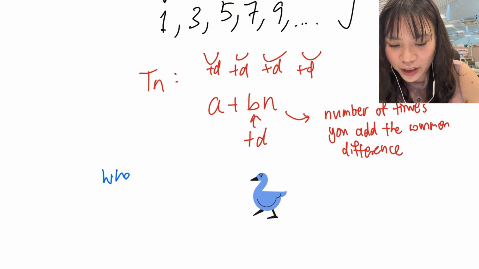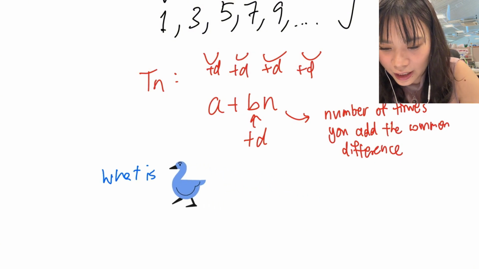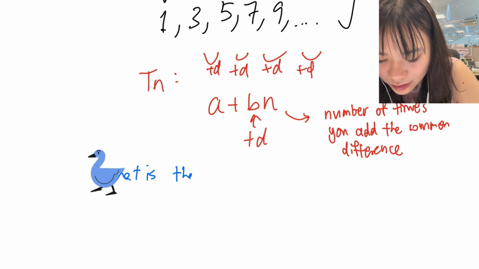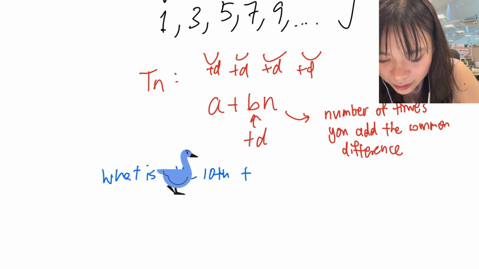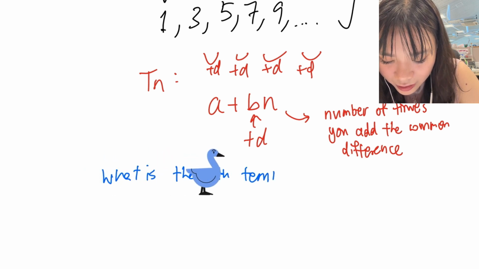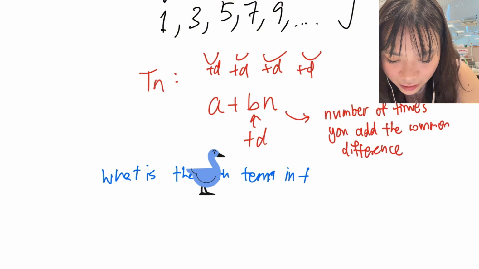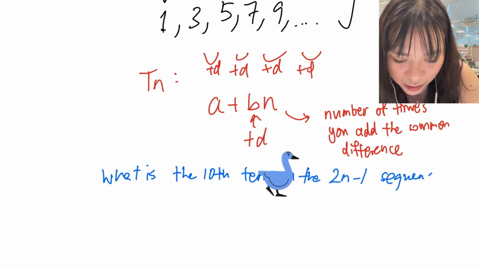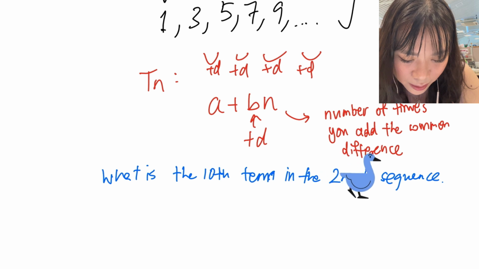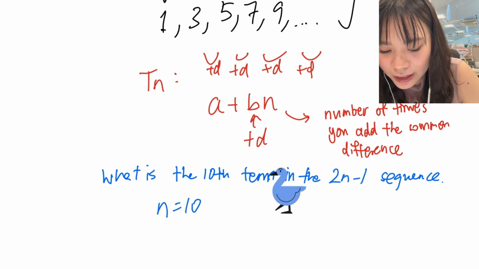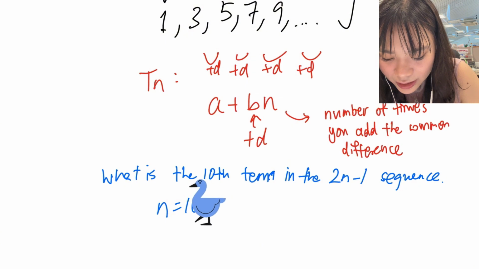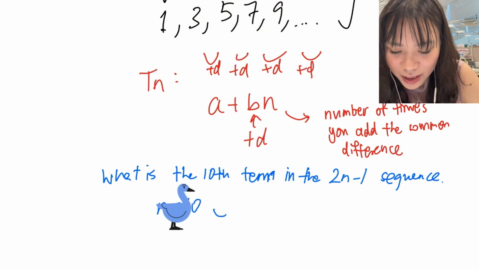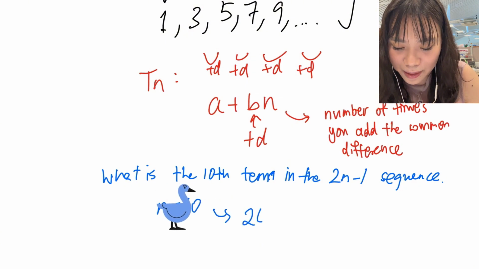For example, the question is, what is the 10th term in the 2n minus 1 sequence, which we just saw? The 10th term is when n is 10, meaning the number of times that I added 2 is 10 times.